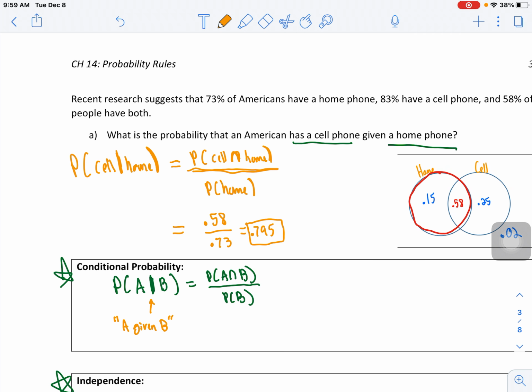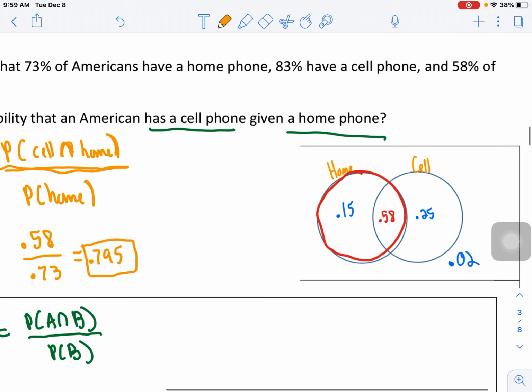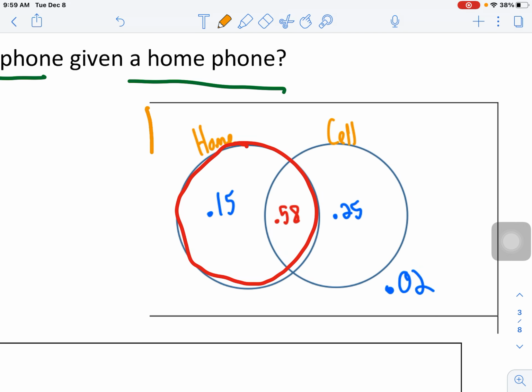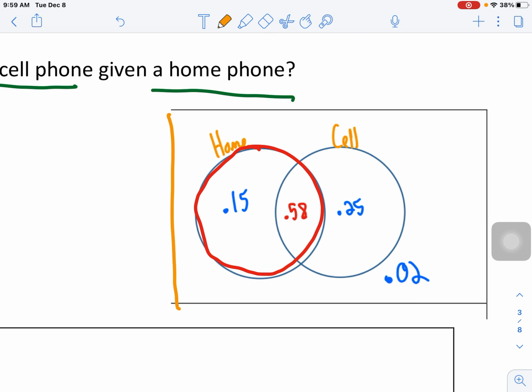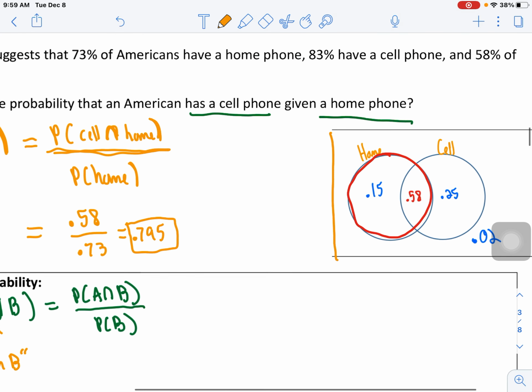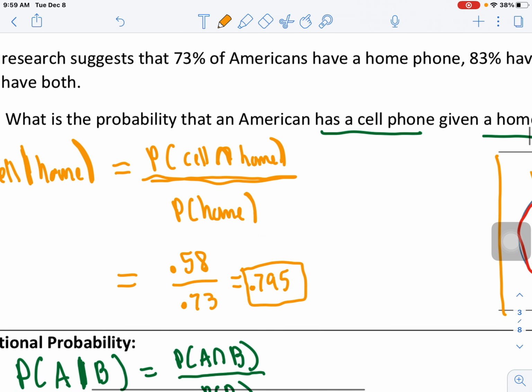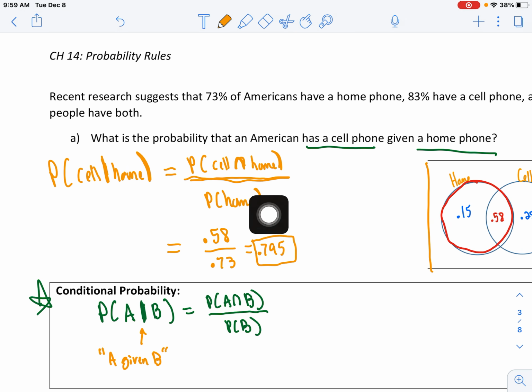So again, what we're doing, guys, is we're taking our whole probability space, like this entire rectangle, and we're cutting it because we don't care about the entire thing. Now we're only looking at the people that have home phones. That's why it said, what's the probability that someone has a cell phone given that they have a home phone?